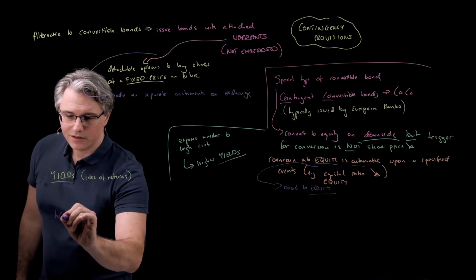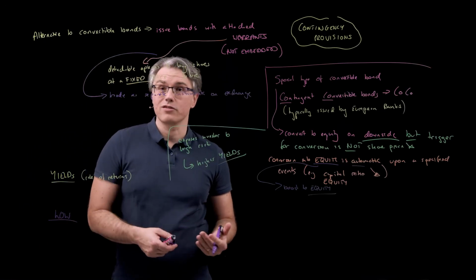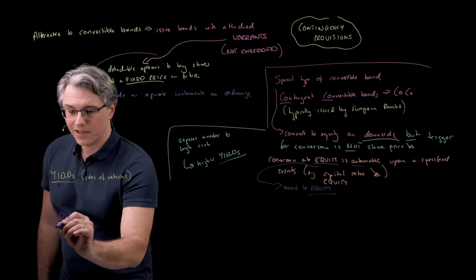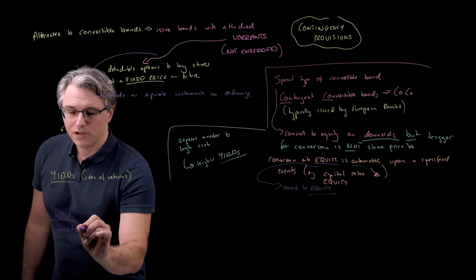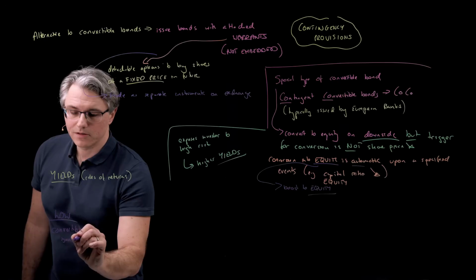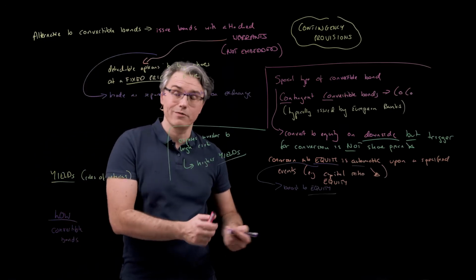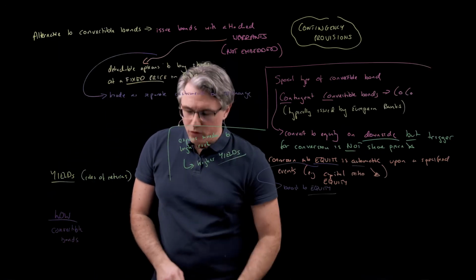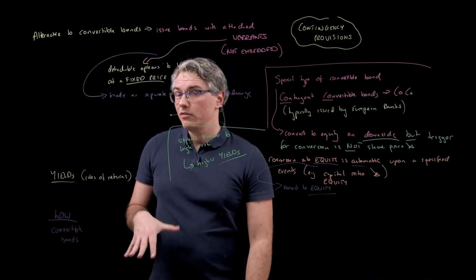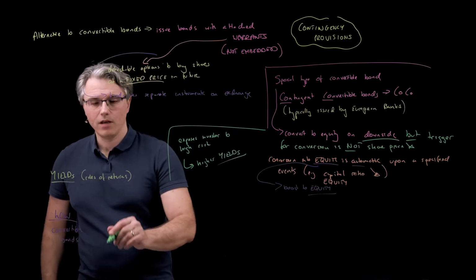So yields are going to be low when you give something extremely good, something extremely favorable, and it doesn't get any more favorable typically than convertible bonds. So because convertible bonds offer that exciting potential perspective of converting into equity, which may be worth a lot, typically what you need to pay these types of bondholders is not going to be a lot because they don't expect a higher yield.